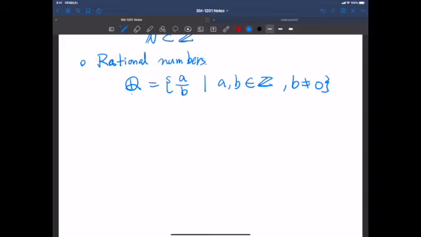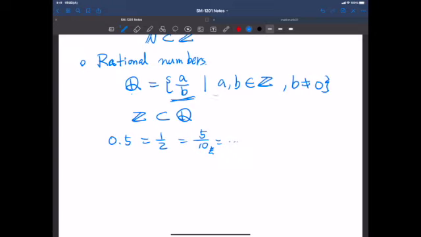And from this definition, you can see that the set of integers is a subset of the set of rational numbers. Okay? And we also know that 0.5 is equal to 1 over 2, which is also equal to, for example, 5 over 10, and so on. So actually this set is quite redundant, right?